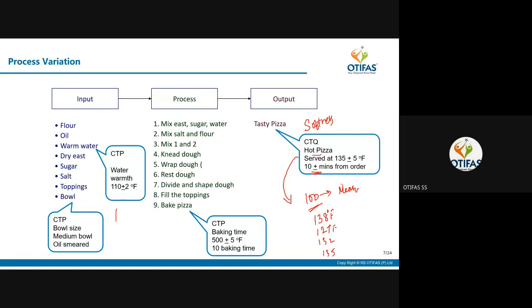Likewise, you will get an Excel sheet of the temperatures of 100 pizzas. Now, what type of data is this? Continuous, isn't it? This is continuous data.